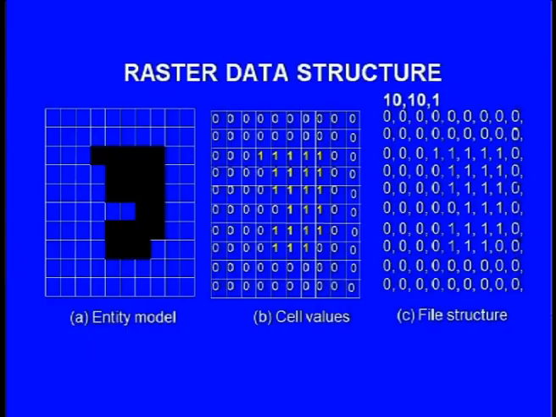So, in this particular figure C, the representation of the file structure has been made, wherein we find that there is a series of 0s in all those places where there is no information, but wherever there is information, it is represented as 1. It may be interesting to note that prior to this information, we have another line wherein certain information has been given.